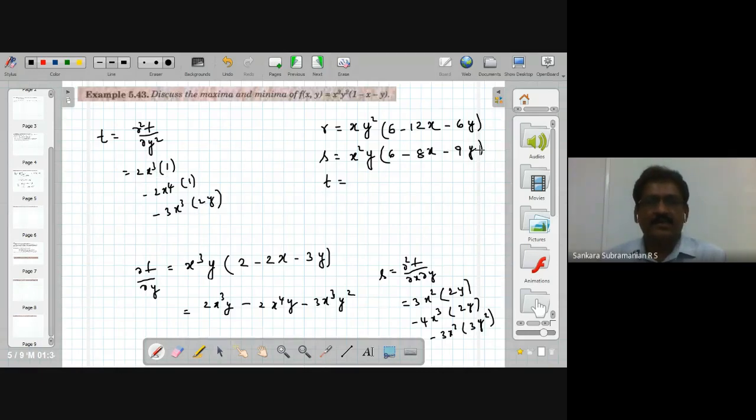I can find that 2x cube is common in all the terms. If I take 2x cube, then you will be getting 1 minus x minus 3y. So this is r, s, t.